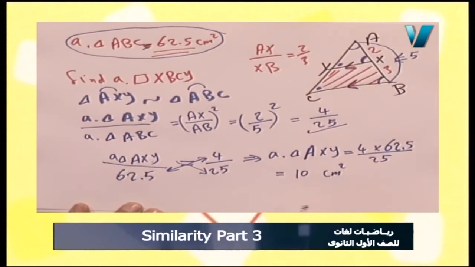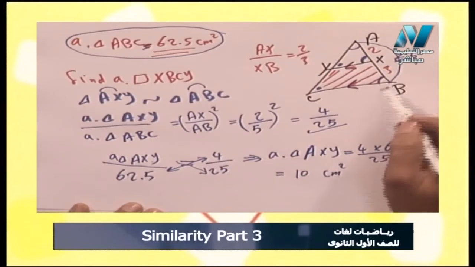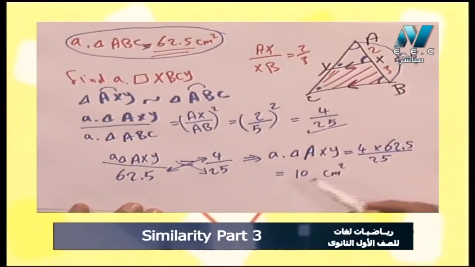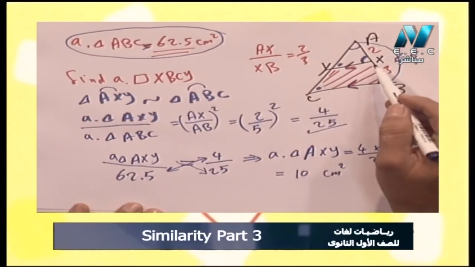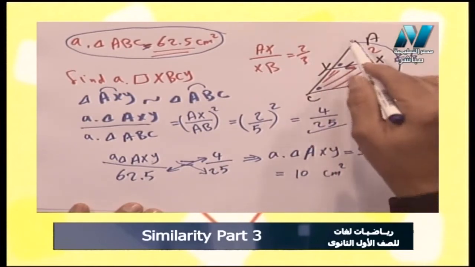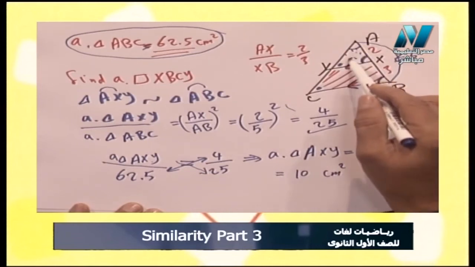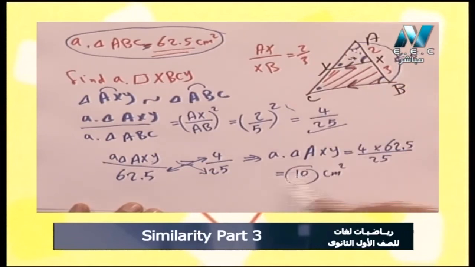But we want to find the area of quad XBCY. And we know that the area of the quad XBCY equals the area of triangle ABC minus the area of this triangle, which is now 10.